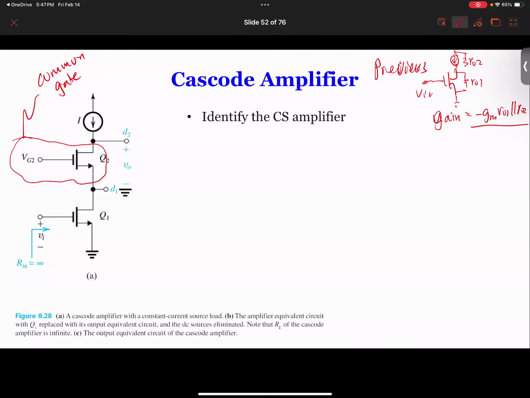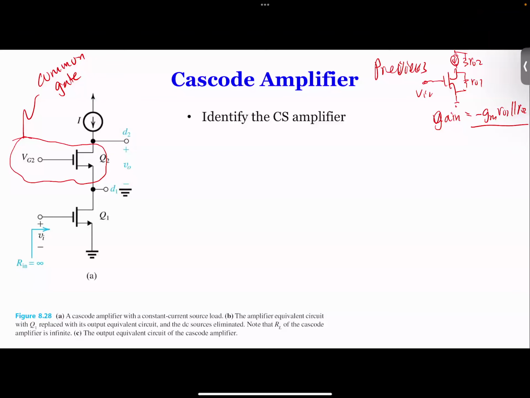So I'm going to draw the bottom one, so that's the bottom one. And in the middle, you have GM times VGS1, which is equal to GM times VI. And this is your VD1. Okay, so that's my bottom one.